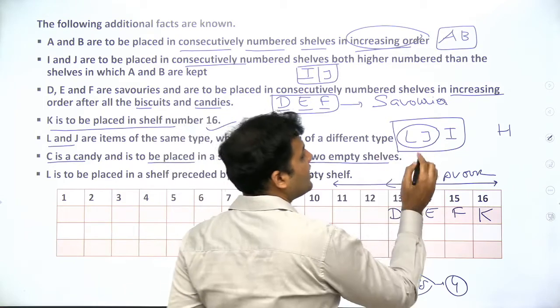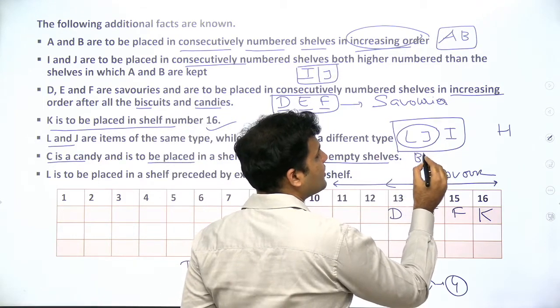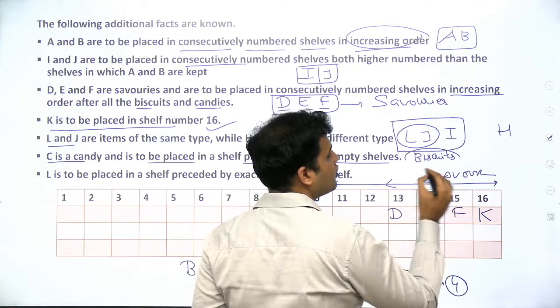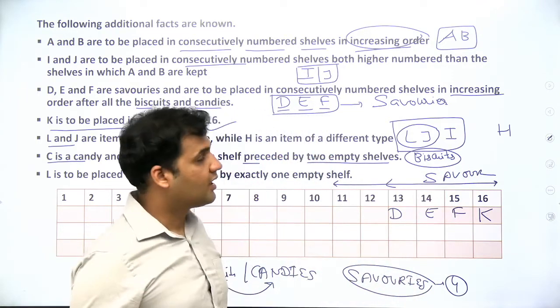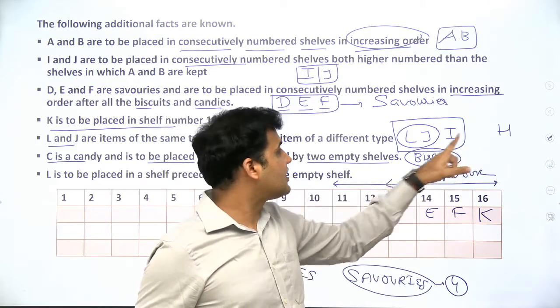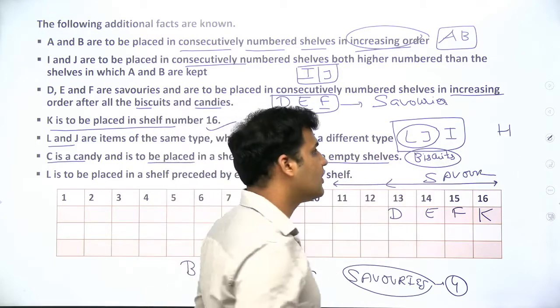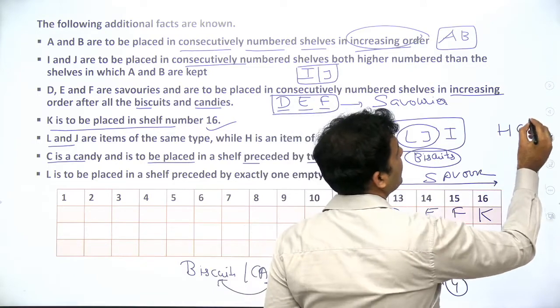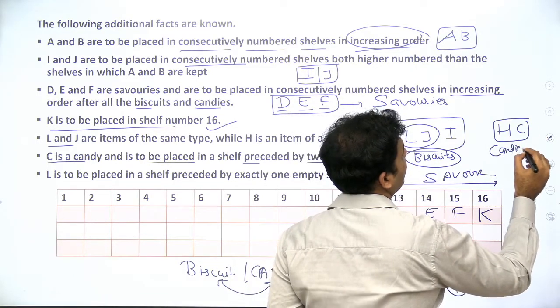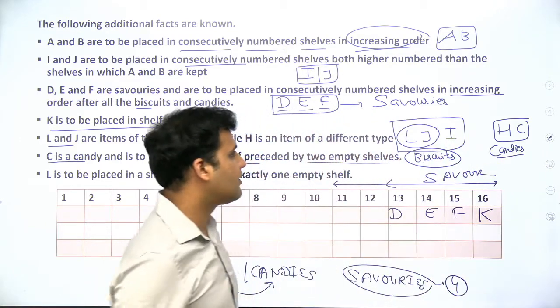If L, J and I cannot be candies, they have to be biscuits only, guys. L, J and I have to be biscuits, and C is a candy, and it was also mentioned that H was of a different type, so H will also be candy and C will also be candy, right? Because we have only 3 candies. H and C will be candy, L, J, I will be biscuit.